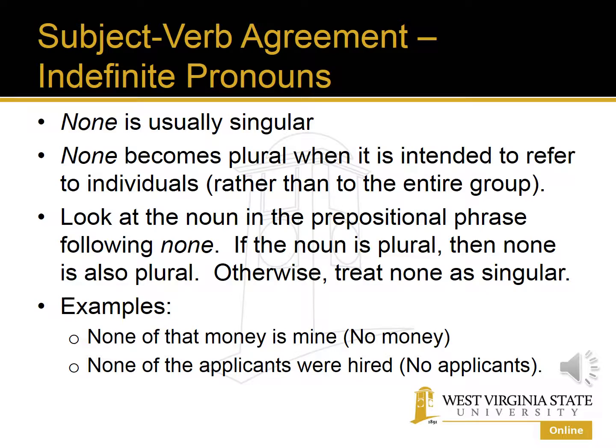Whereas in the next example, none of the applicants, we're looking at individuals within a group. No applicants. None were hired. No applicants were hired. If you look at it that way, no money is mine, no applicants were hired, then the confusion between whether you should use a singular or plural verb goes away.